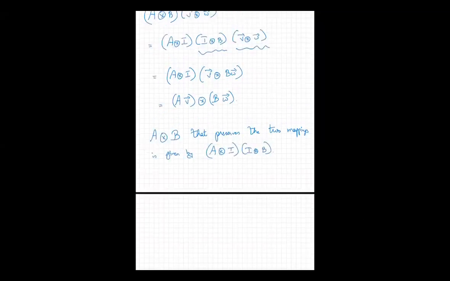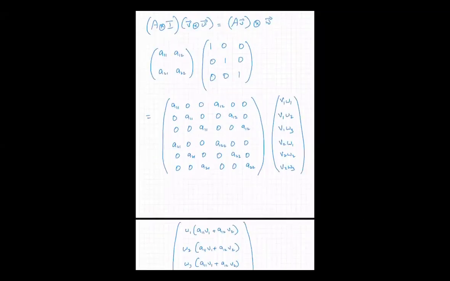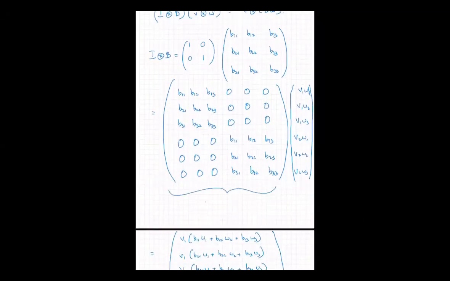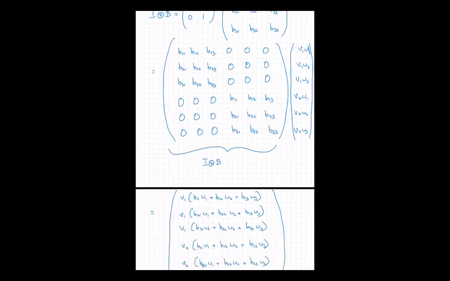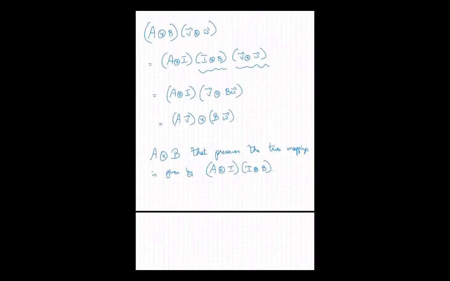So A cross I, you've written it down, is this matrix. This is my A cross I, and this is my I cross B. So if you take these two matrices and multiply them together, you will get the matrix A cross B that preserves both these mappings in the six-dimensional linear vector space. Okay, so this is about tensor products.